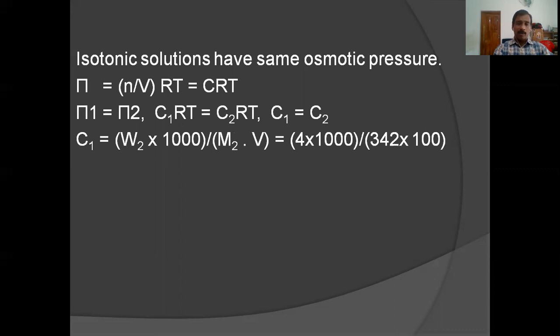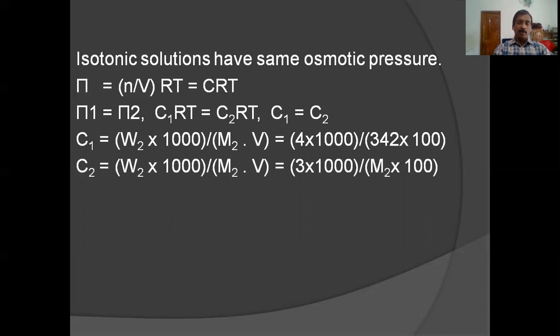Molarity, equation for molarity: W2 by M2 into 1000 by V. Substitute the values: 4 into 1000, divided by M2, 342 for sucrose, the molecular mass is 342, into 100. C2 is W2 into 1000 by M2 into V, same equation, but the mass is different, 3%.